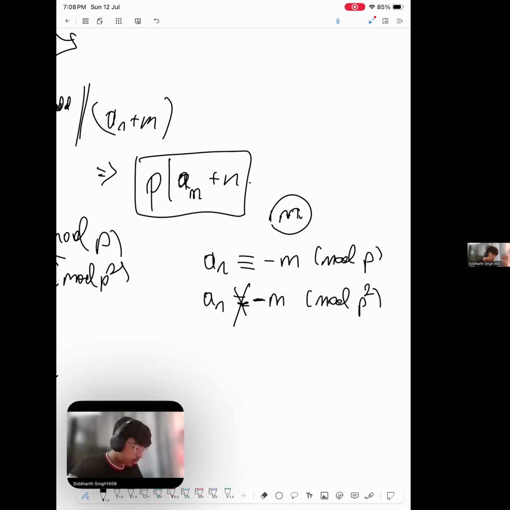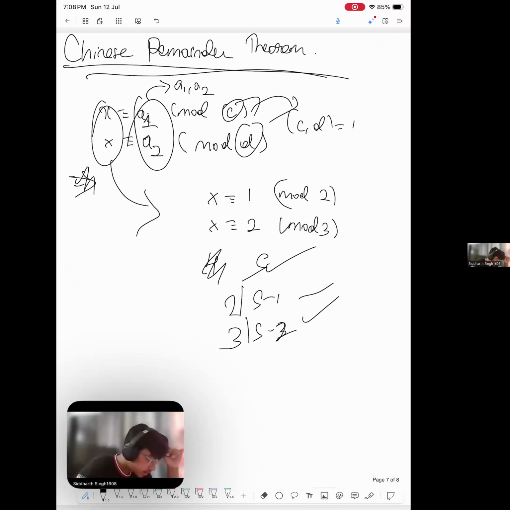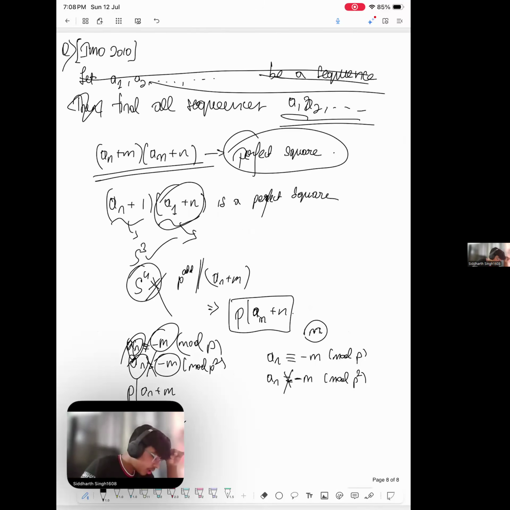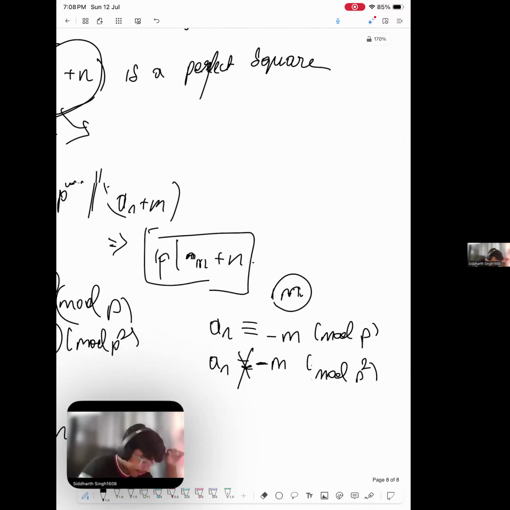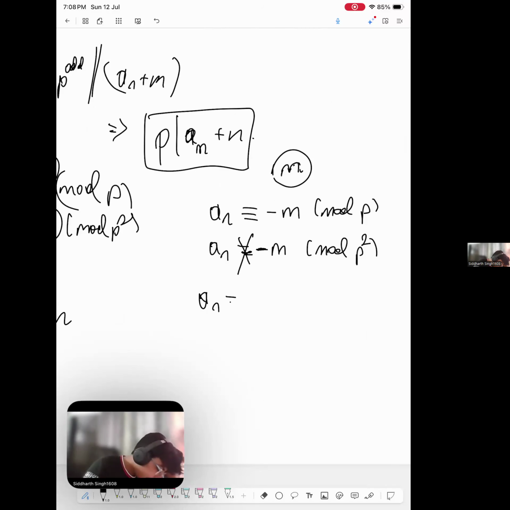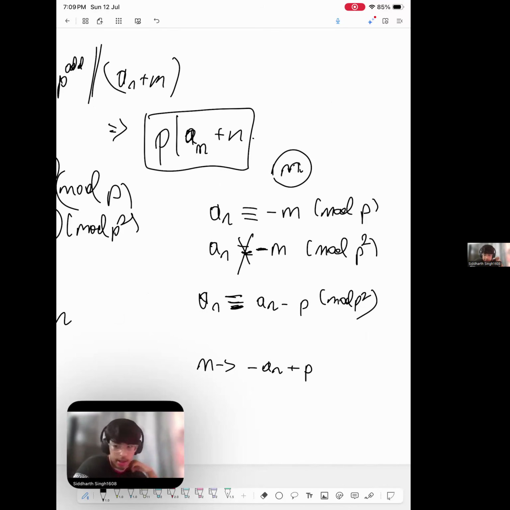Okay. So the point is, to sum up our previous discussion, wait, no. In fact, you can just look at mod p square. Take m as minus an plus p. Yep, this would work. So minus m is congruent to an minus p mod p square. Note that this is obviously divisible by p.